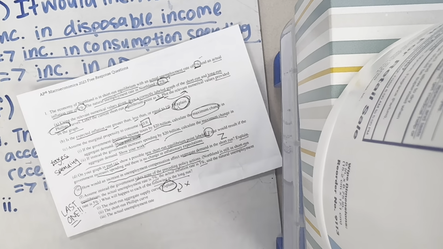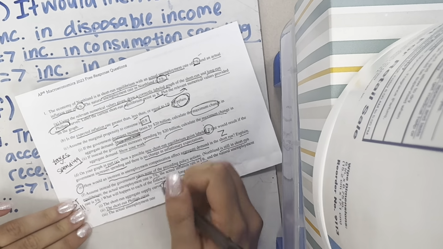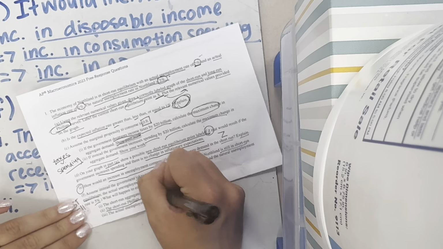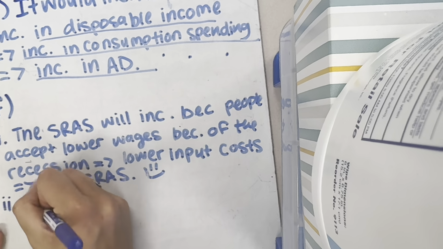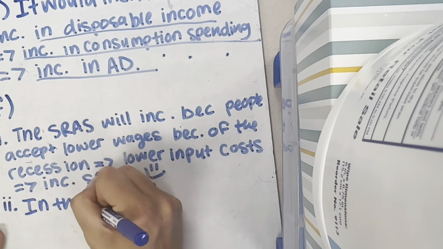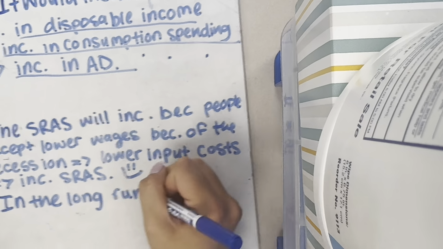On part I, we will see what will happen to the short-run Phillips curve in the long run. In the long run, it will shift to the left.